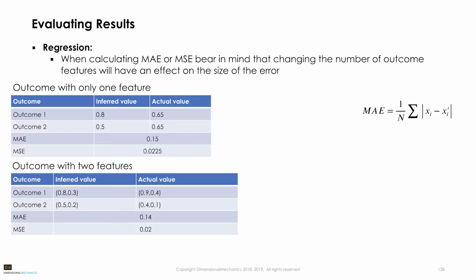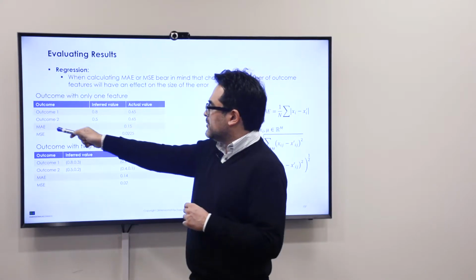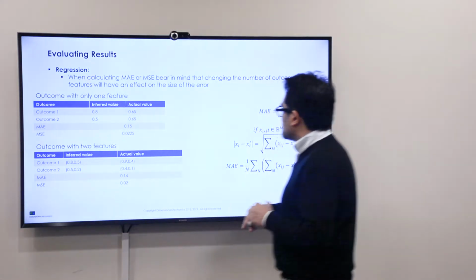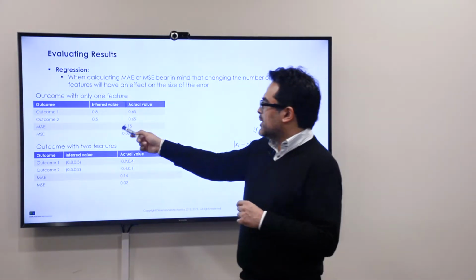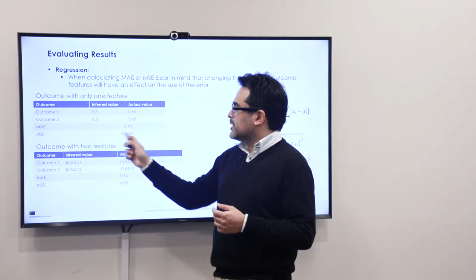Here's an example. So here you have an outcome. The inferred value is 0.8 and the actual value is 0.65. Outcome 2, the inferred value is 0.5, actual value is 0.65. So the question is, what is the MAE? The MAE is simply the mean absolute error of these, so it's 0.15.